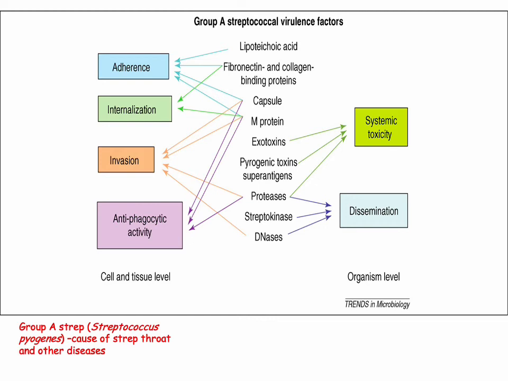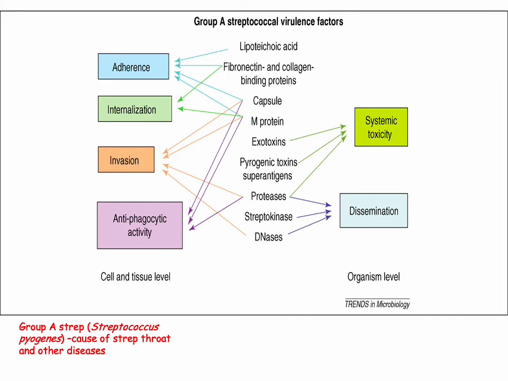So you can see in this picture you have group A strep. They produce a lot of different structures. In the middle here, the listing: lipoteichoic acid, which is normally found in the cell wall. You have fibronectin and collagen binding protein, also found in the cell wall. Your capsule, your M protein, and another protein on the cell wall. Then you're followed by exotoxin.